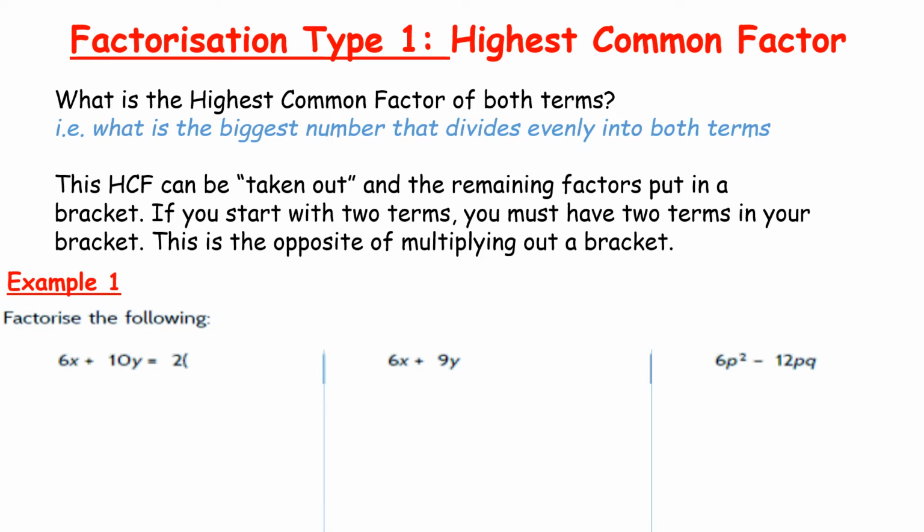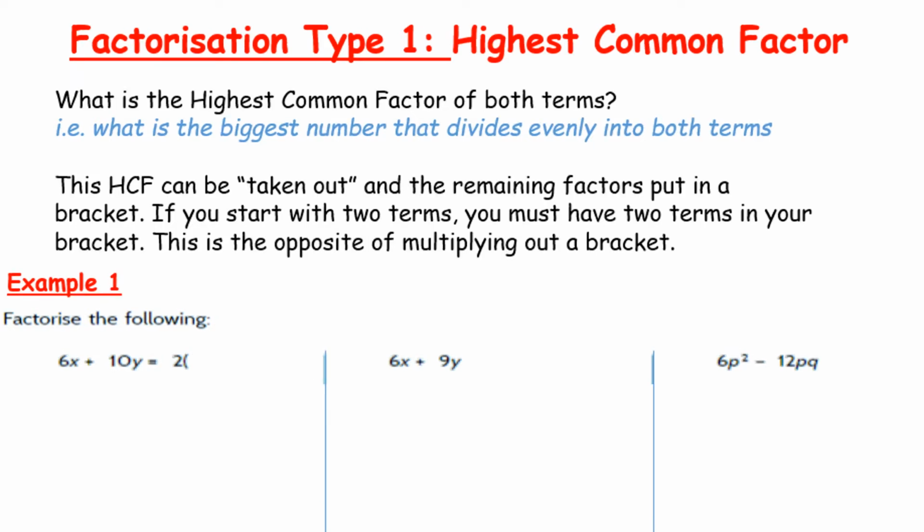Factorise the following. We have 3 questions here. The first part, 6x plus 10y, has already given us the highest common factor of 2. So if we divide 2 into 6x, we get 3x. And don't forget, you also need to divide your 2 into the second term, which is 10y, leaving us with 5y.